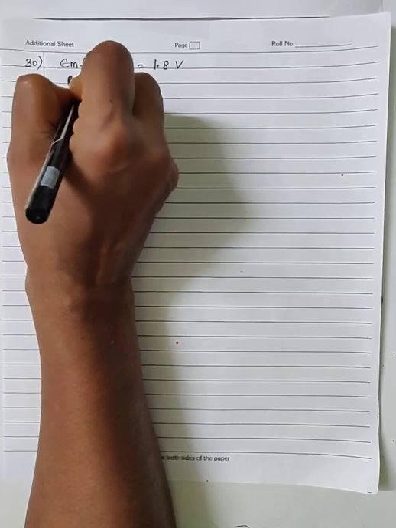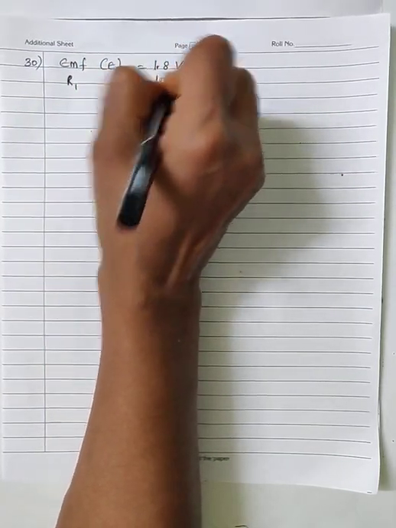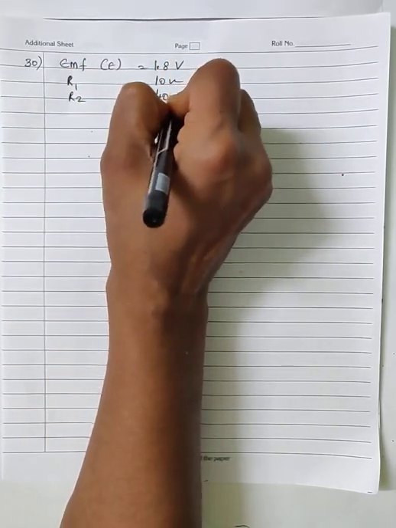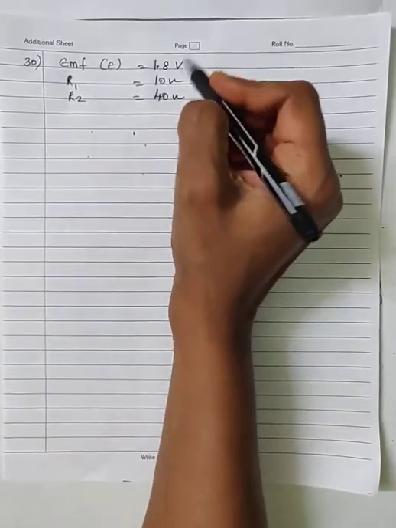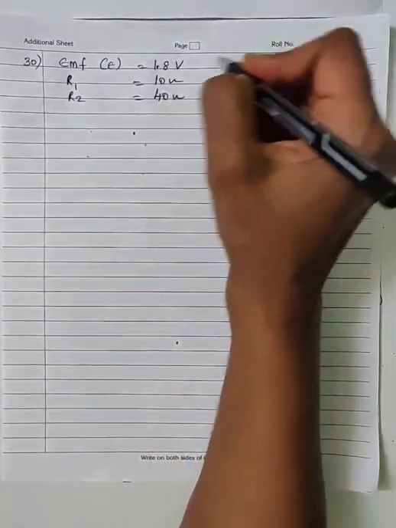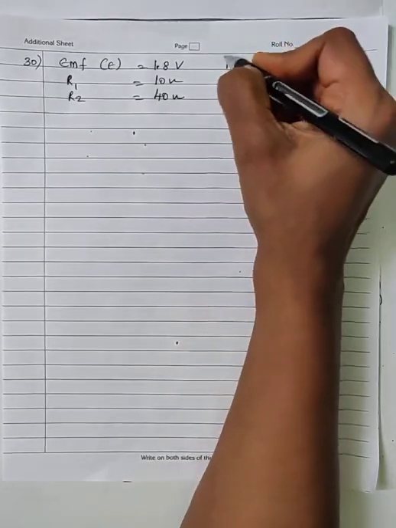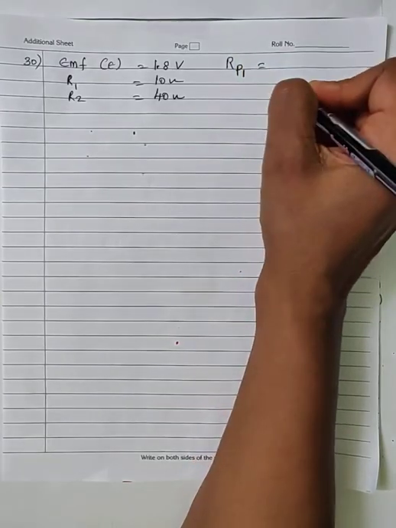The two resistors which are connected in parallel, the values are given as R1 is equal to 10 ohm and R2 is equal to 40 ohm. Yes, and one more 3 resistors are connected in parallel. Now R1 and R2 are connected in parallel. So first we find the effective value of this parallel combination. Let me represent it by the symbol RP1, which is equal to R1 R2 by R1 plus R2.